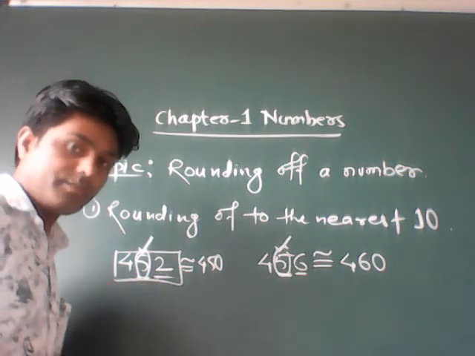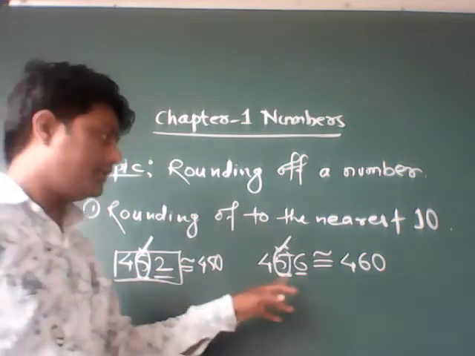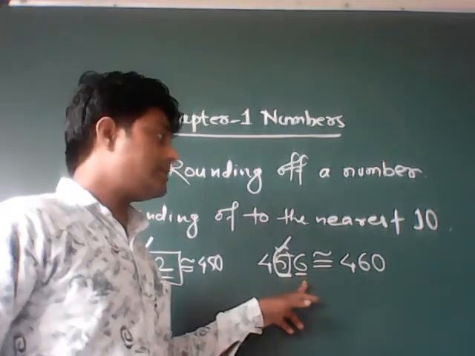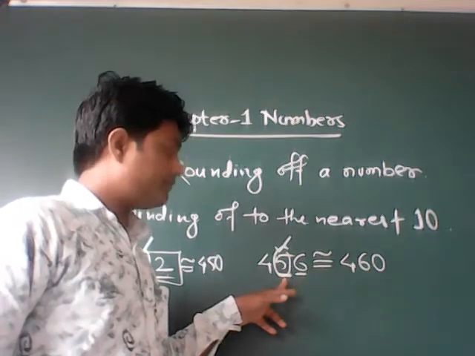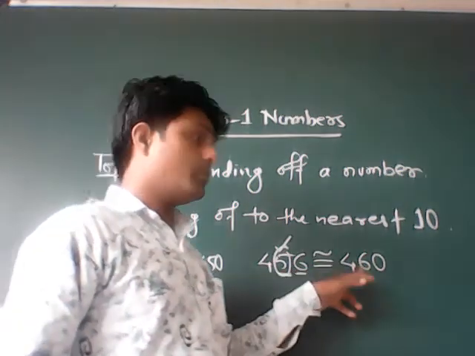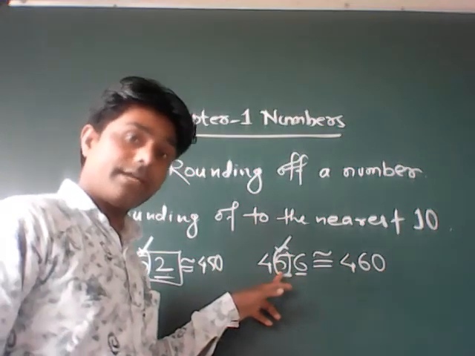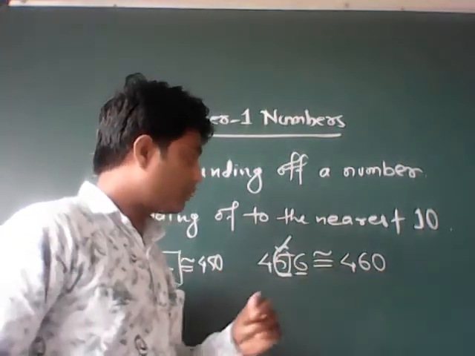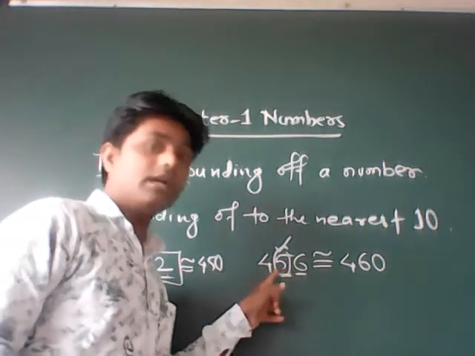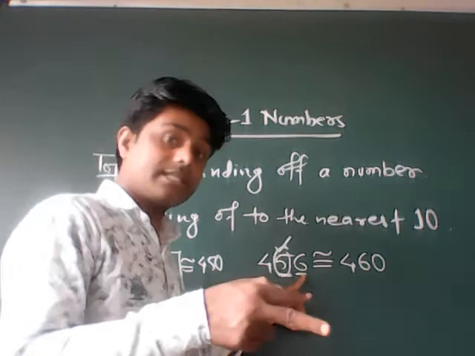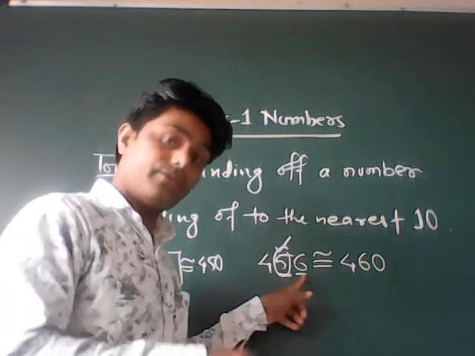It means we did estimation, we did a round figure. And here the digit is 6, which is more than 5. Then what change do we have to make? It will be 460. This was 5, it has become 6, so we have added 1 to this number. Why? Because it was 456, and 6 is greater than 5.